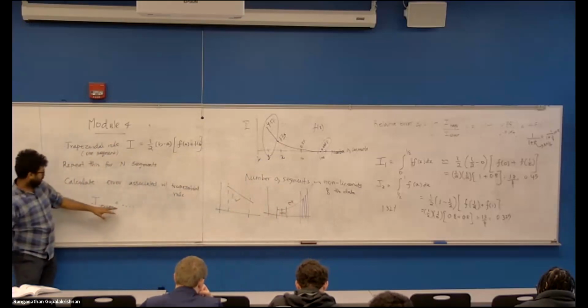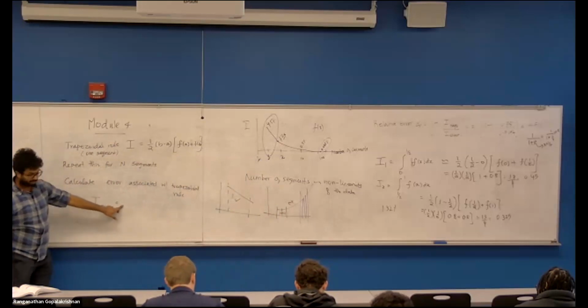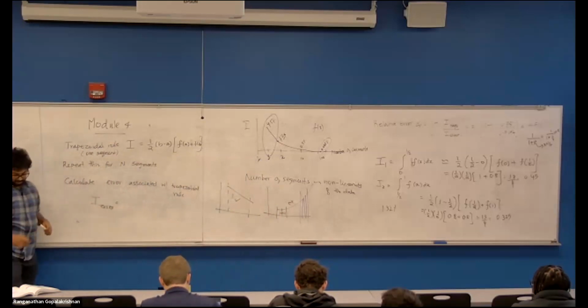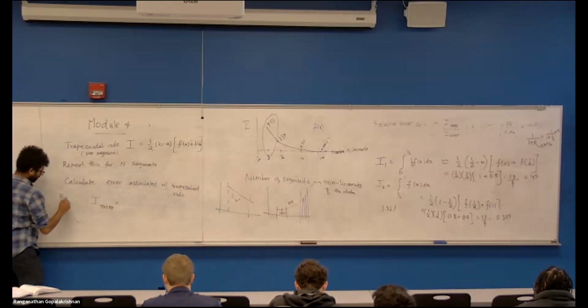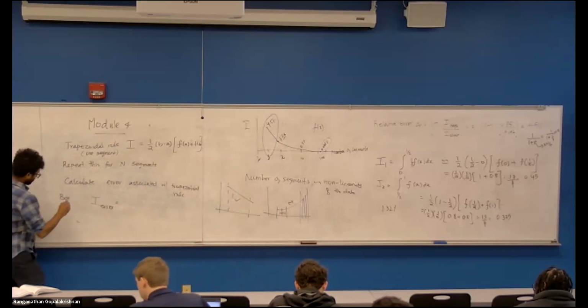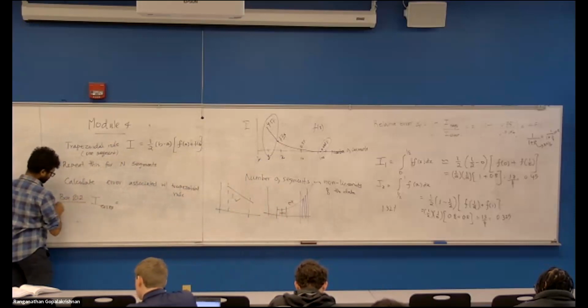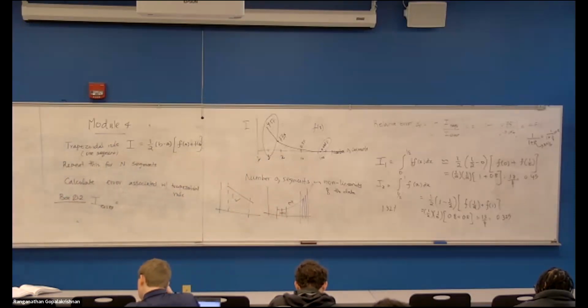So I told you I'll give you the formula for the error associated with the trapezium rule. And you can find this formula in box 21.2, or figure 21.2, whatever they call it, I think they call it box.